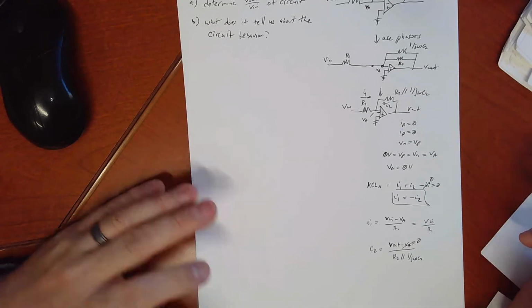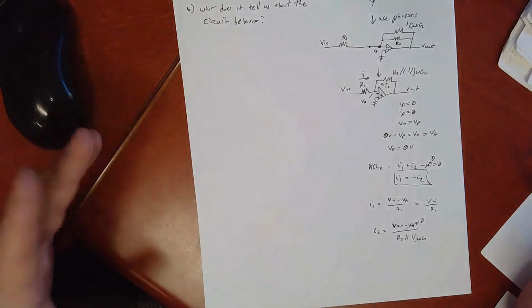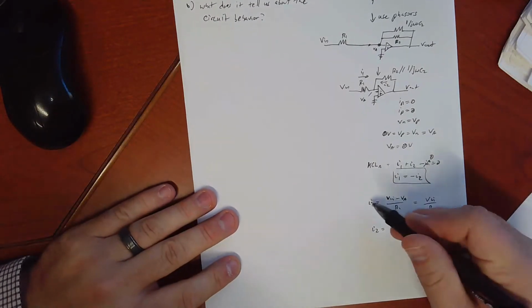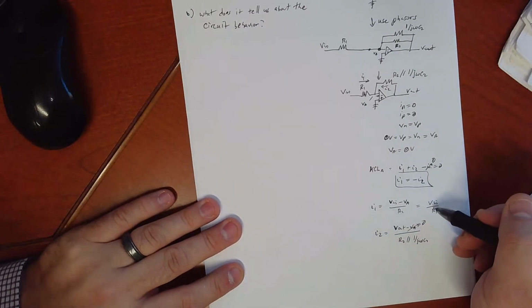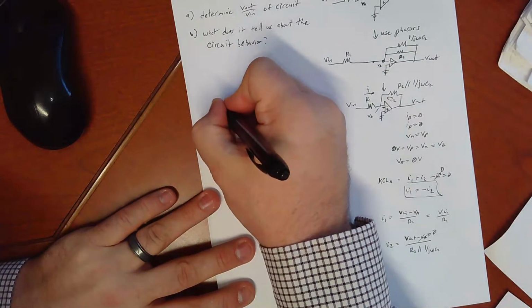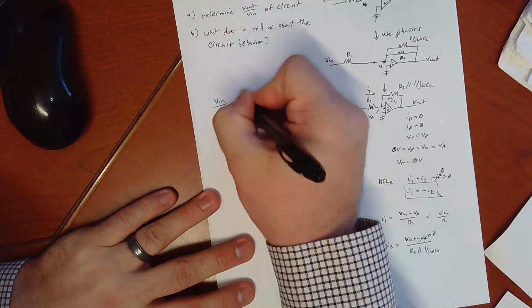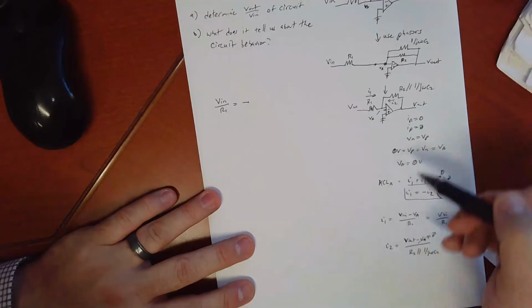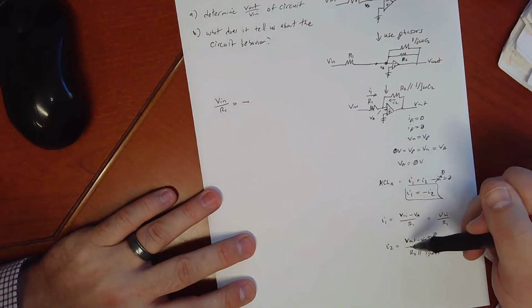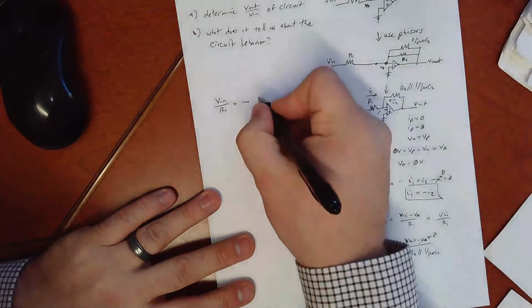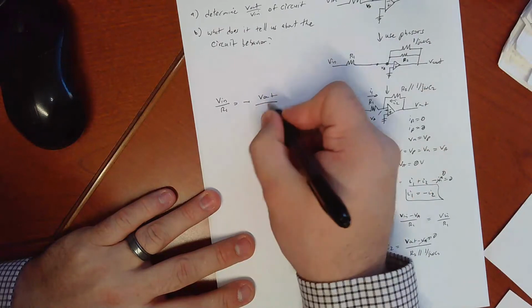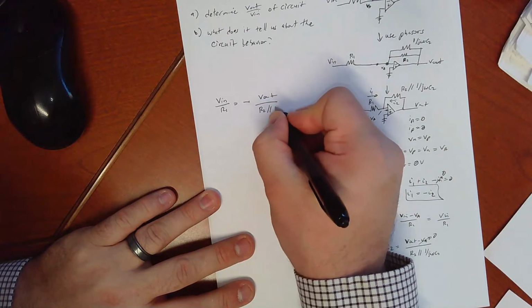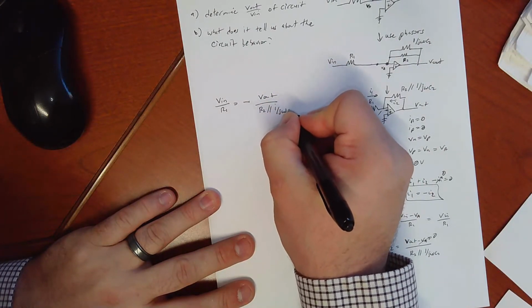Just like in the last two examples, we can now substitute in. I1 is equal to Vn over R1, and that's equal to negative I2, which is V out over R2 parallel with 1 over j omega C2.